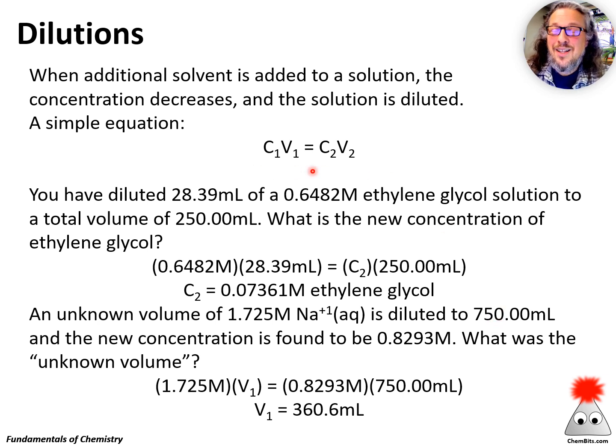The most challenging part about this formula is just keeping condition 1 and condition 2 matched up. Similar to gas laws, as long as you keep your 1s and your 2s matched up, it's a pretty simple formula to use.